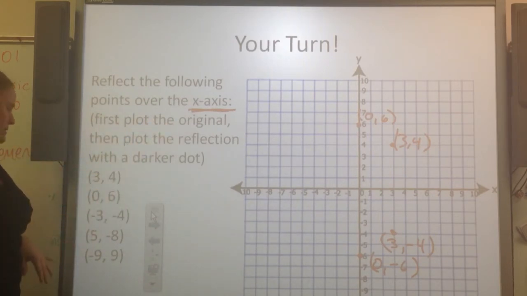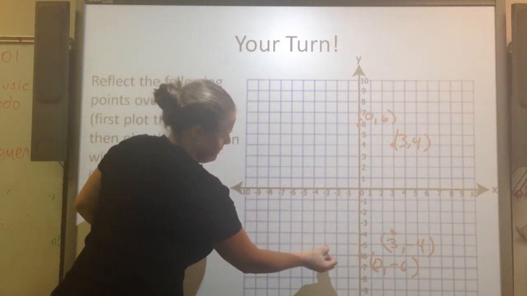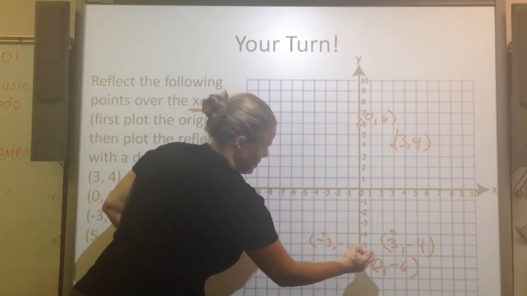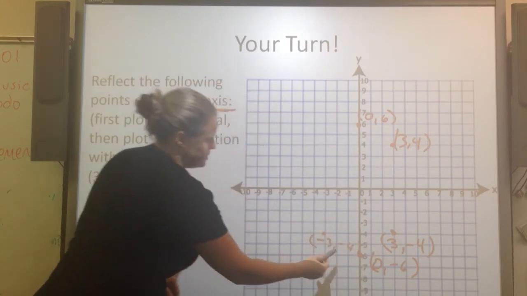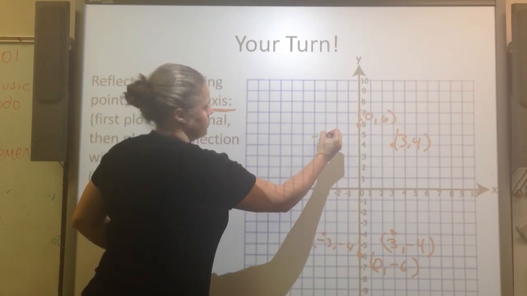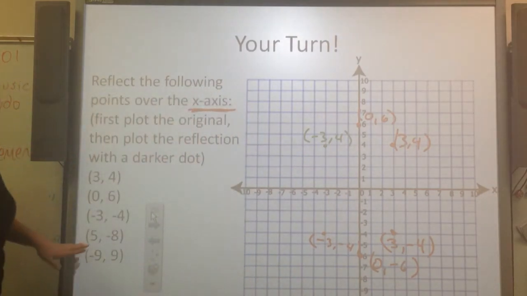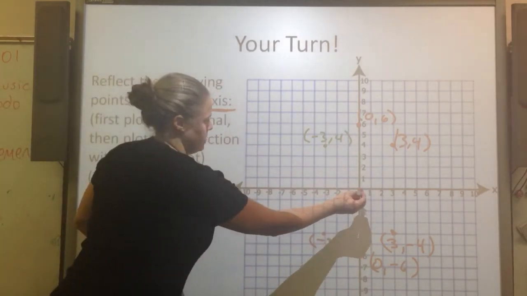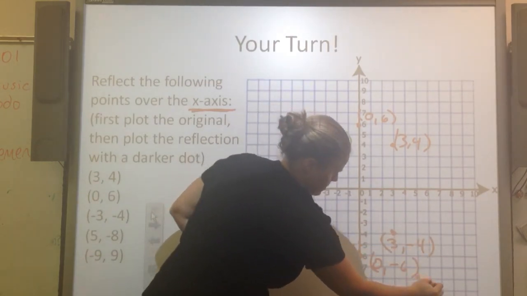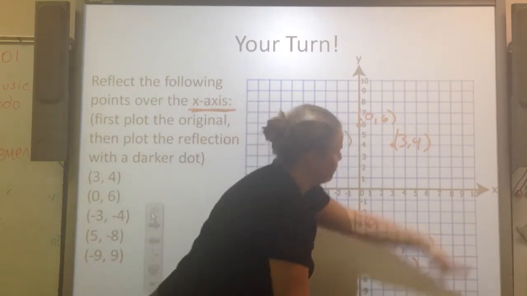I'm just going to plot the points now. Negative 3, negative 4 is my original, transforming into negative 3, positive 4. Then (5, -8), transforming, flipping up.